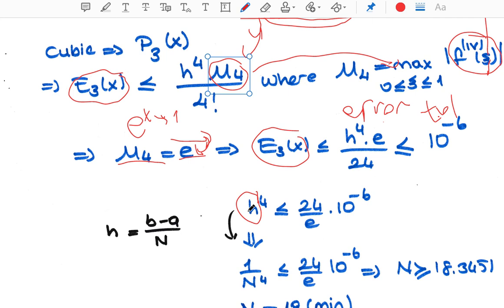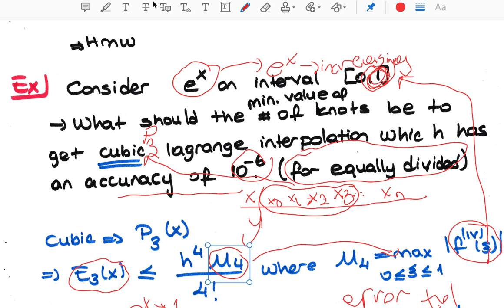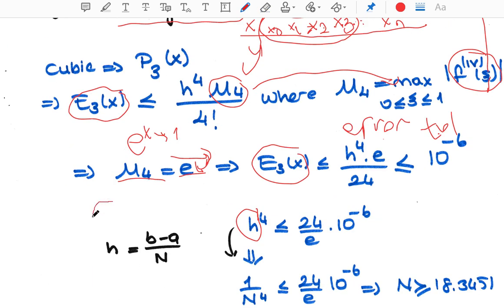Okay, we also know that h was here (b minus a) divided by n. Let me use my eraser to show you here one more time, guys. So here, you know that your interval was given here. This is your interval, which is [0, 1] in closed version.